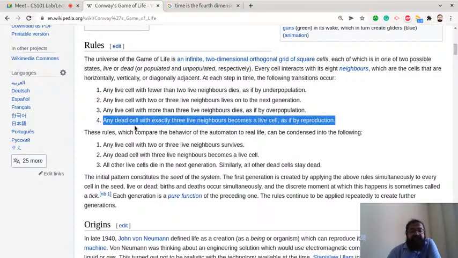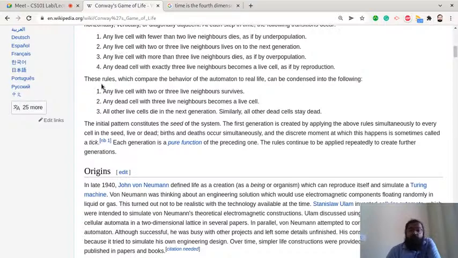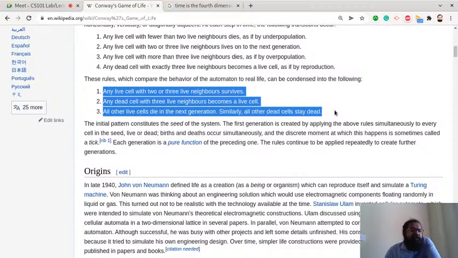And this is any dead cell with exactly 3 live neighbors becomes a live cell as if by reproduction. That is the 4th rule that we have discussed. Now these rules, which compare the behavior of the automaton to real life, can be condensed into the following. So these are the major rules.